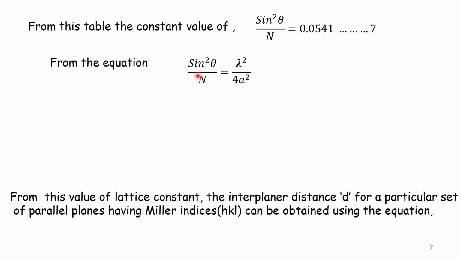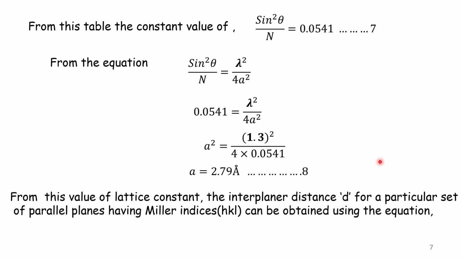Now by using this equation, sine square theta divided by n is equal to lambda square divided by 4a square, we can determine the value of the lattice constant. Thereby substituting the value of the sine square theta divided by n ratio, we get the value of a, that is the lattice constant of the cubic crystal, and its value is a equal to 2.79 angstrom unit.